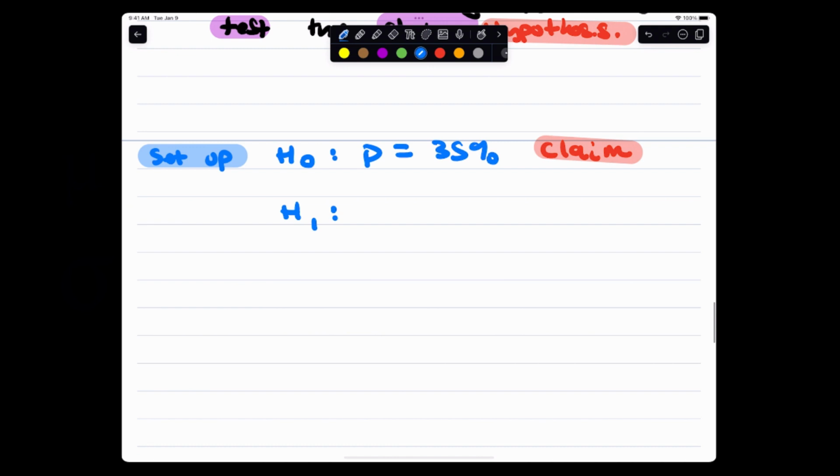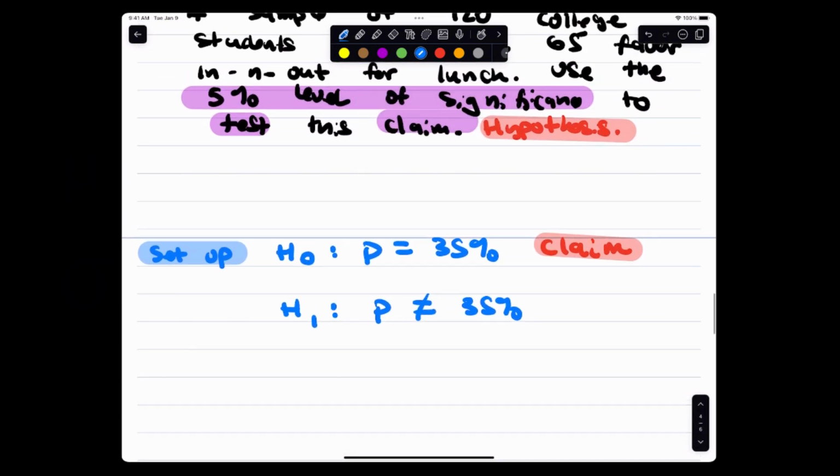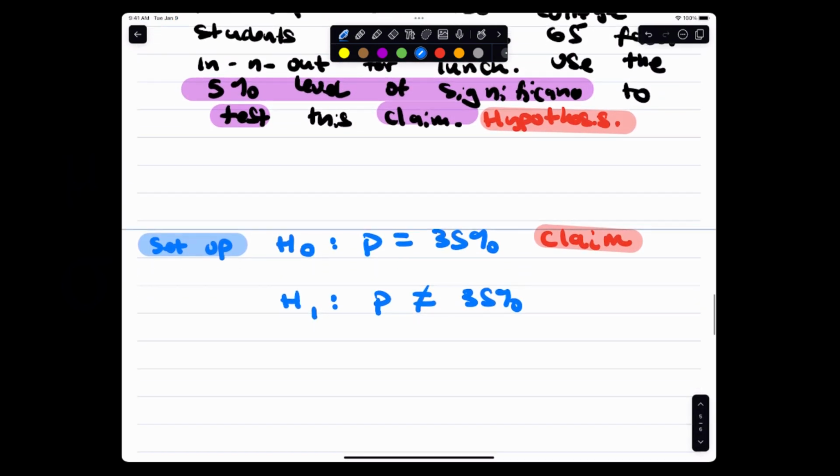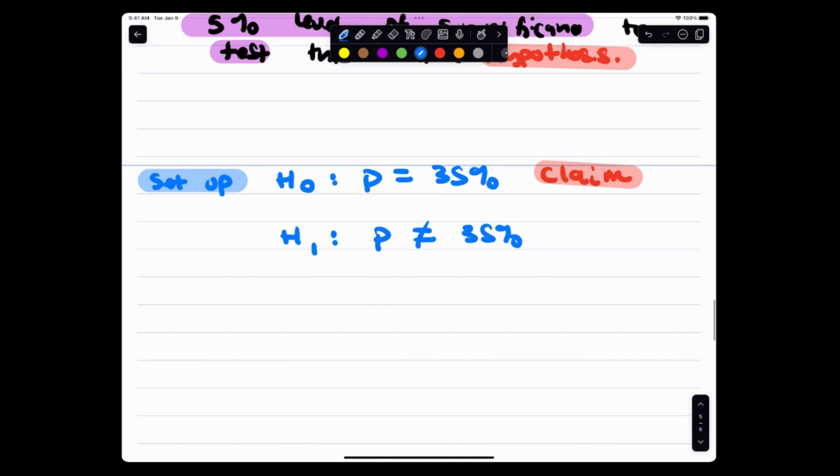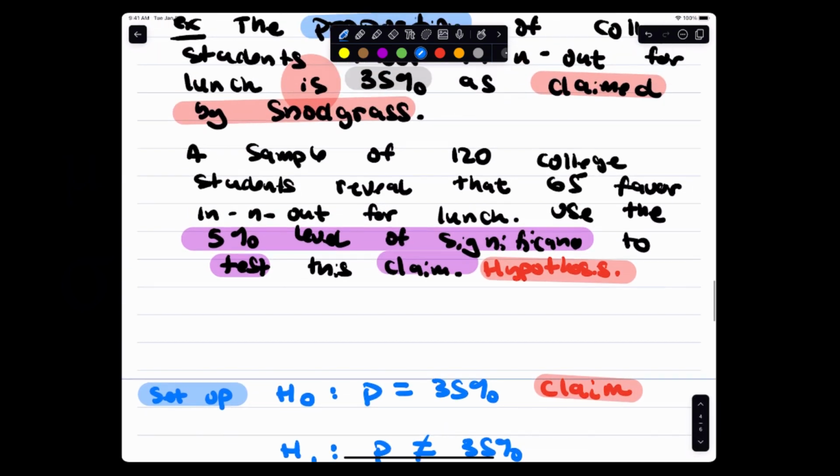Now, what is the logical opposite of equal? What's the opposite of that statement? It's not equal. Okay, you guys okay with that?